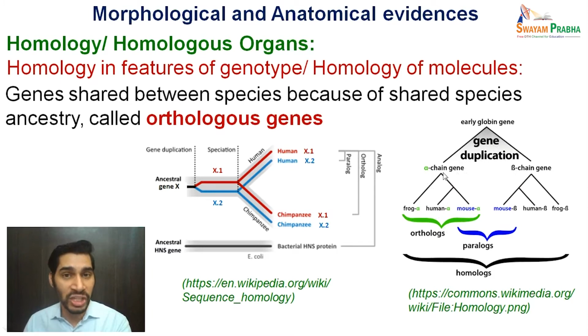So the same gene which is present in different species is called orthologous. Whereas if you compare mouse alpha gene with the beta gene of mouse, again same organism but duplicated genes, this is called paralogous, and all of them together are called homologous genes.